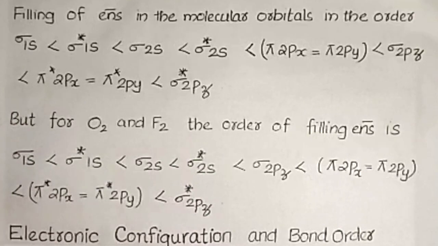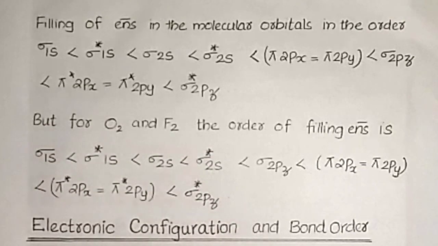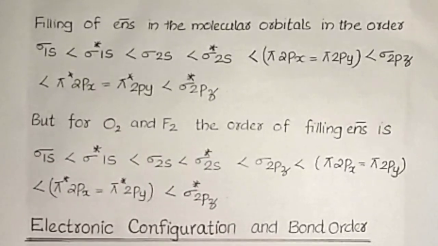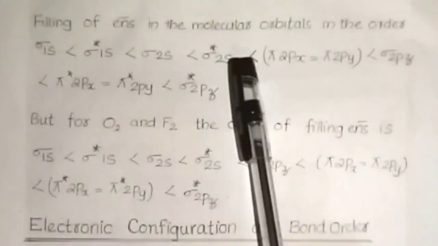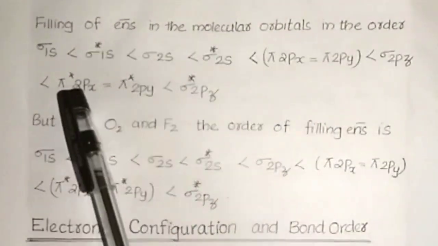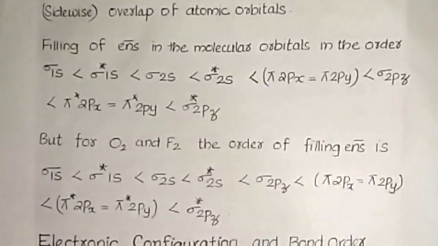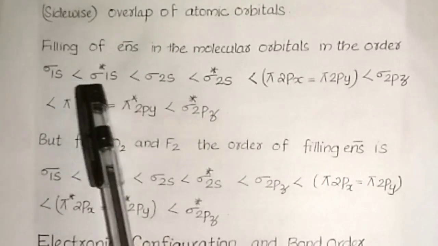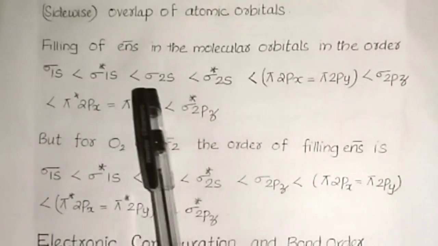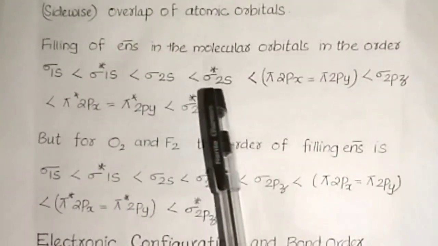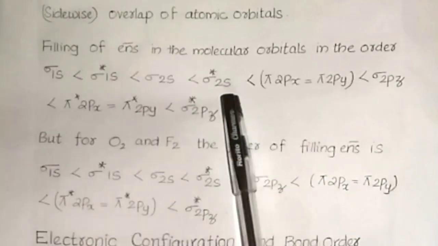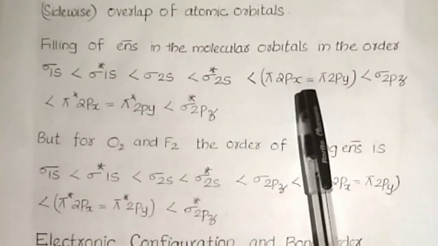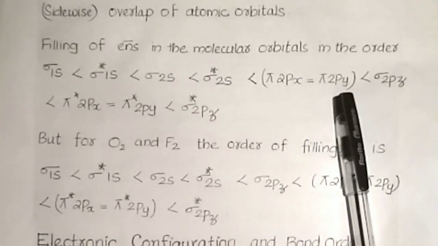So, on the basis of the Aufbau principle, Hund's rule and Pauli's exclusion principle, the filling of electrons in the molecular orbitals follows the increasing order of energy: sigma 1s, less than sigma star 1s, less than sigma 2s, less than sigma star 2s, less than pi 2px equals pi 2py.